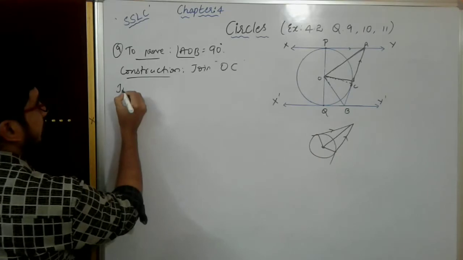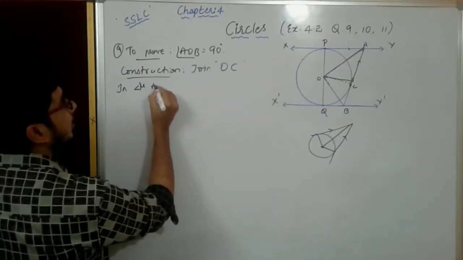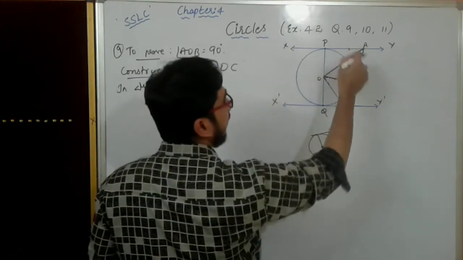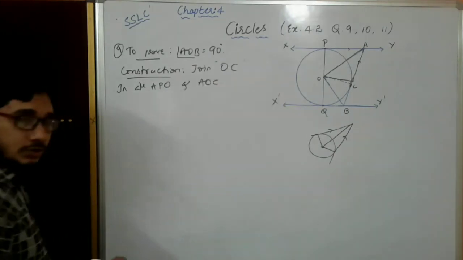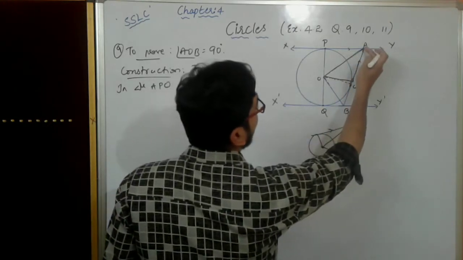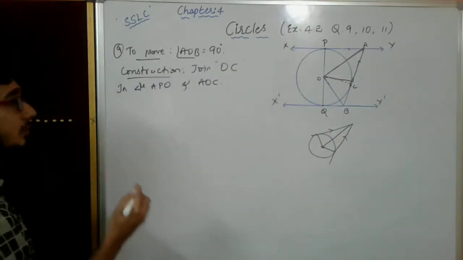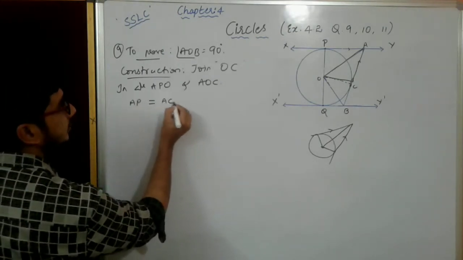In triangle AOP, or APO, whatever you can write, and this triangle AOC, in these 2 triangles, this is the tangent, AP and AC are both equal. Write down: AP is equal to AC.